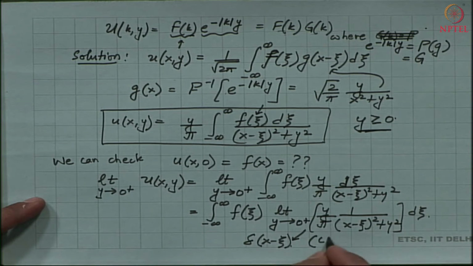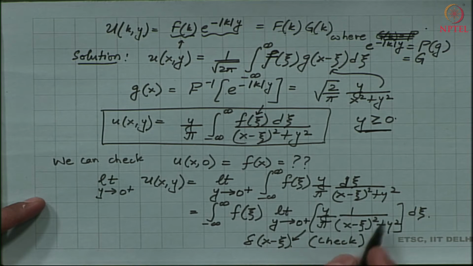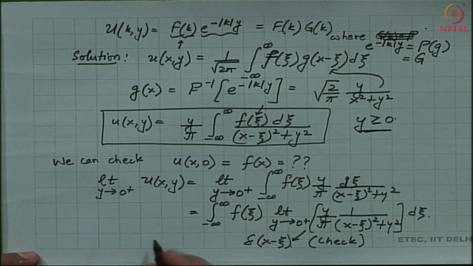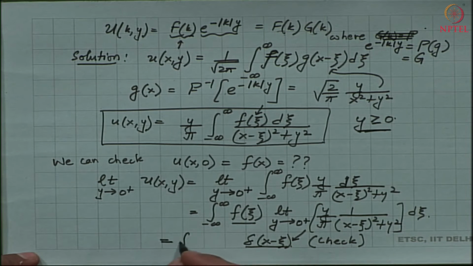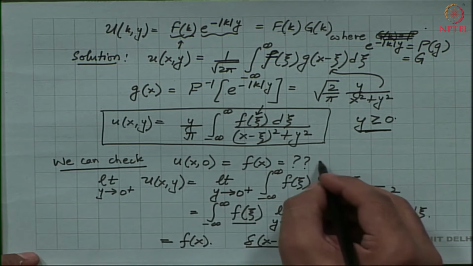So, you need to check that in the limit y going to 0 plus, this function reduces to delta of x minus zeta. So, finally, my integral reduces to f of zeta delta of x minus zeta d zeta, and by the property of the delta function, the value from negative infinity to infinity is non-zero only when zeta is equal to x. So, all I get is that this integral is f of x. So, the check is done.